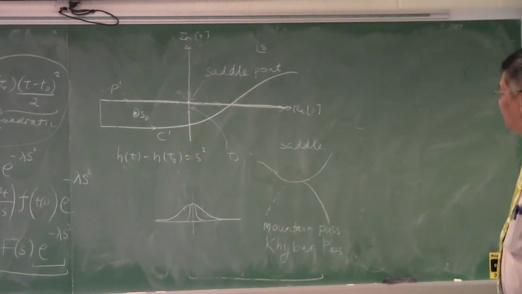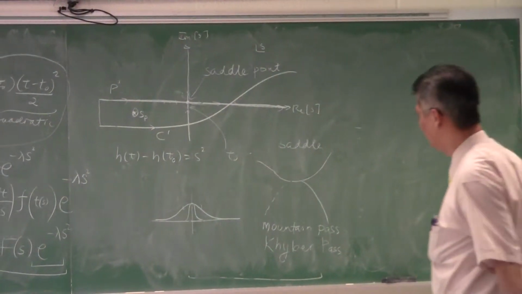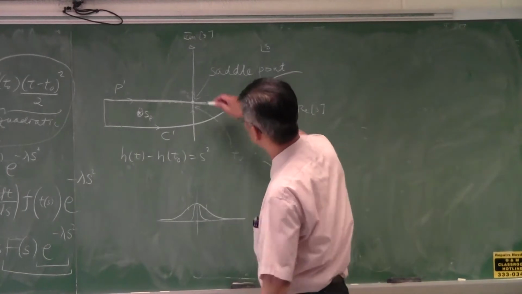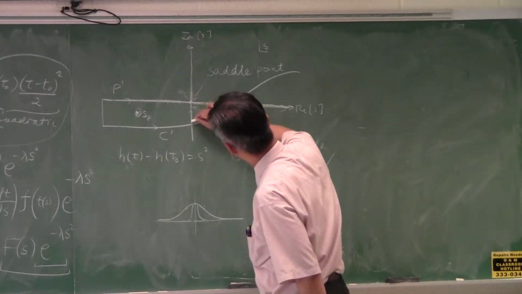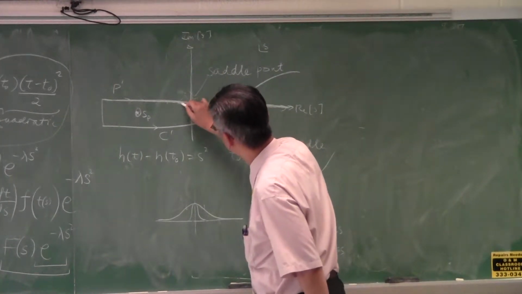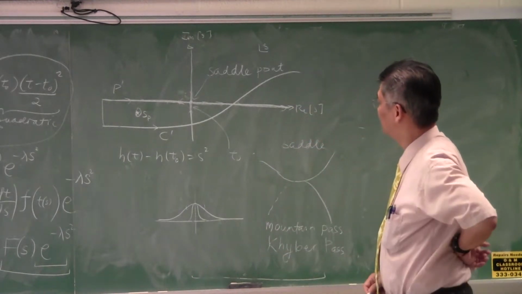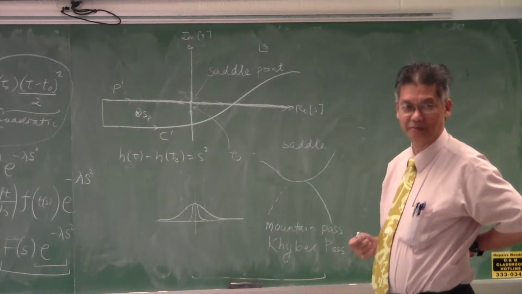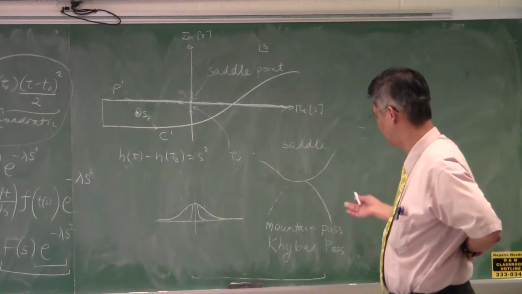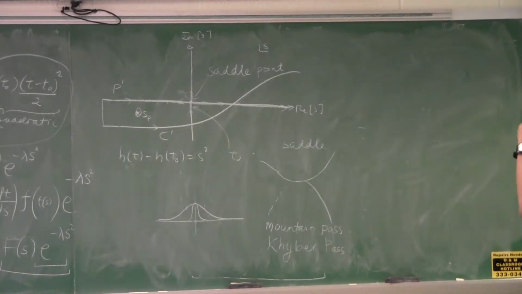And so this saddle point is wonderful, and you can sketch the direction of the ski slope. It will go something like this. And then what about the ski slopes next to this saddle point? Think of this as a mountain pass, Khyber Pass, or some of the passes you know from your geography lessons.